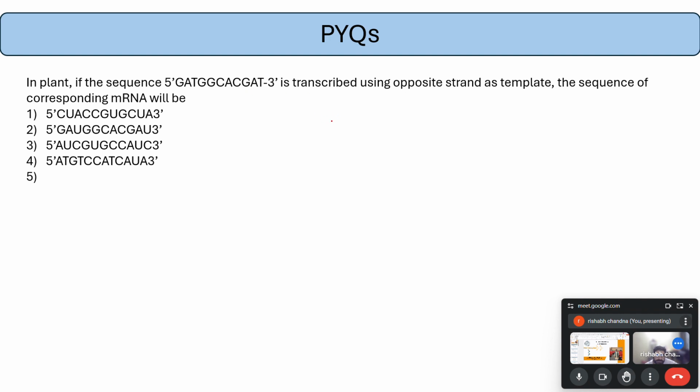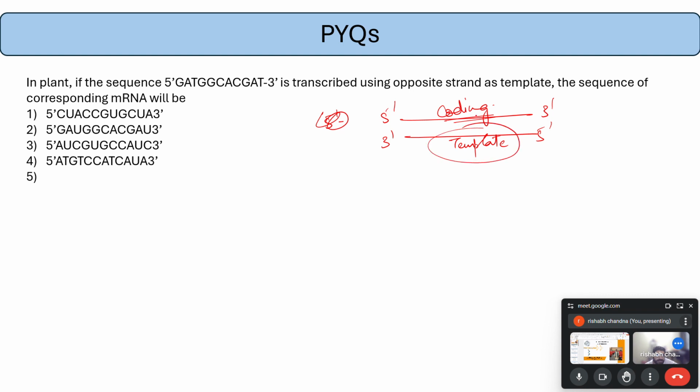In this case, this is the template strand and this is the coding strand. It's written that this particular sequence is transcribed using the opposite strand as a template strand. So the opposite strand is used as a template strand. That means this is the coding strand.